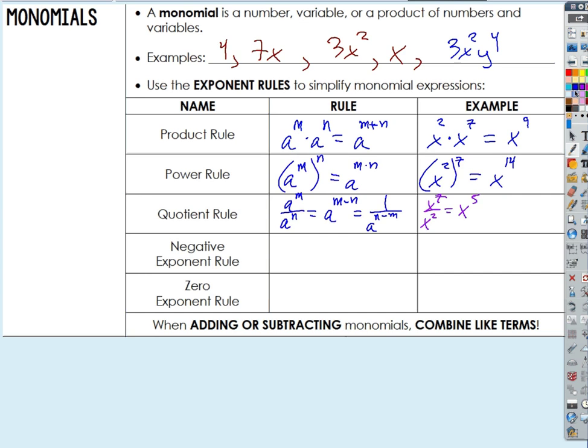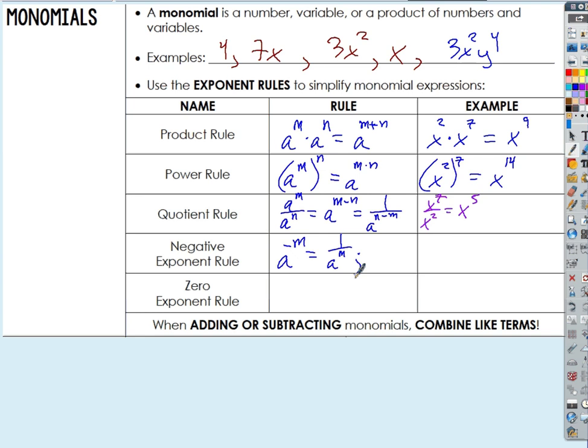Okay, I'm going to skip down for just a second to the negative exponent rule, and then we're going to pop back up. What's a to the negative m? What does a negative exponent do? It pushes it, right. So a to the negative m is 1 over a to the positive m.